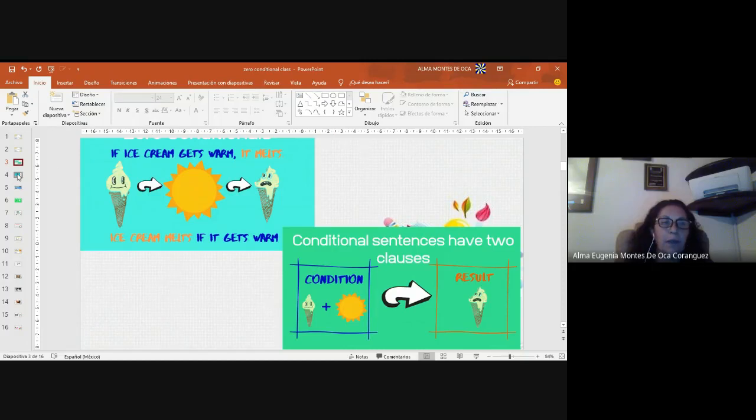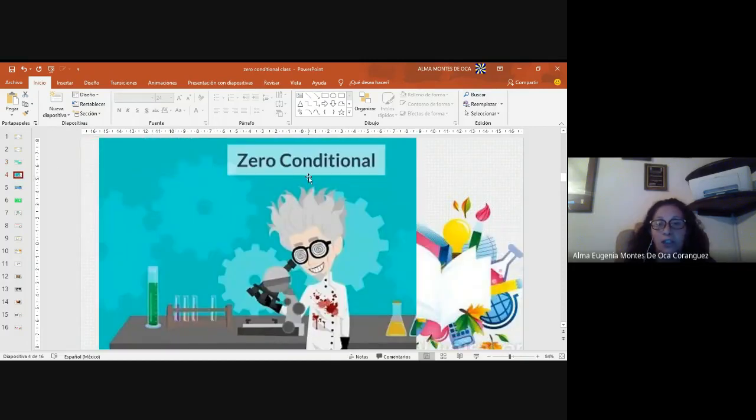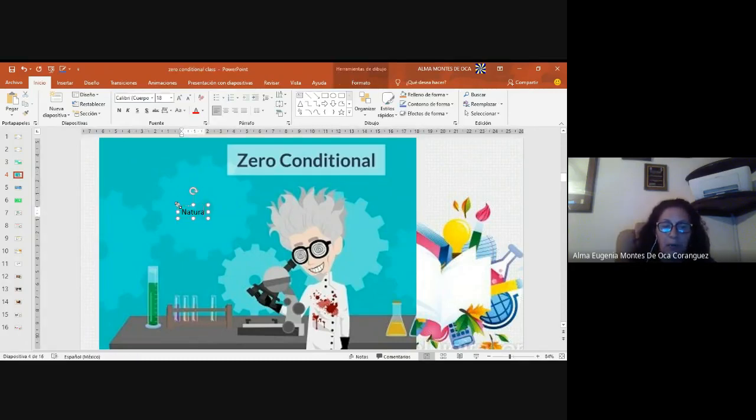Zero conditional talks about natural laws, something that always happens as a consequence of something else.